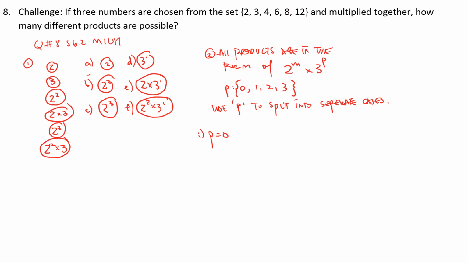So they all have to come from the ones with only 2s. Since there are only 3 of them, you must pick all 3. So there's only one case. If you have 3 to the power of 0, you could only have 2 to the power of 6, and this is the only possible case.